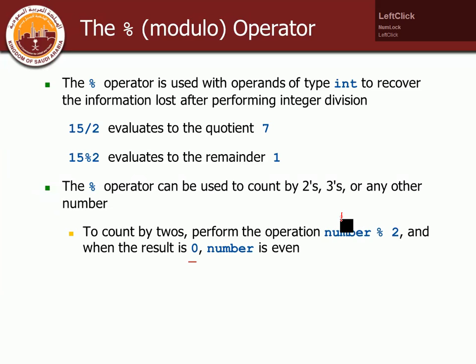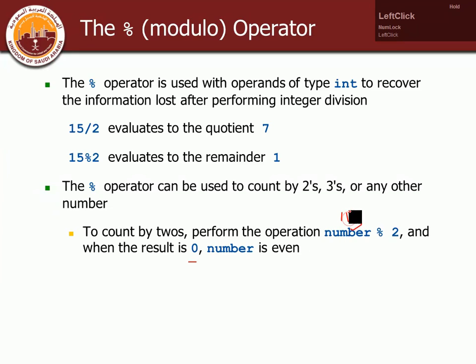Let's take an example. 10, what is the result of 10 moduli division 2? 5? No, that's 10 divided by 2. 0. The remainder of 10 cards: if I give 10 cards to 2 people, I give 5, 5, and then what is left? 0. So this is going to give 0, and 10 is even. That's why if it's 0, it's even.